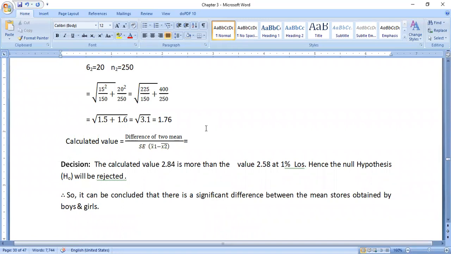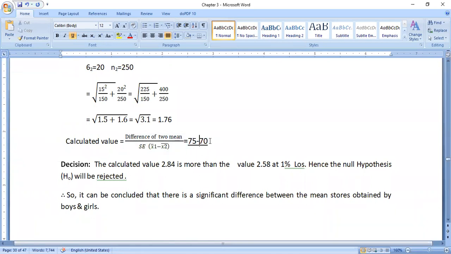Again we need to check the given question: the mean for girls is 75 and for boys is 70. So 75 minus 70, divided by the standard error of x bar 1 minus x bar 2 value.